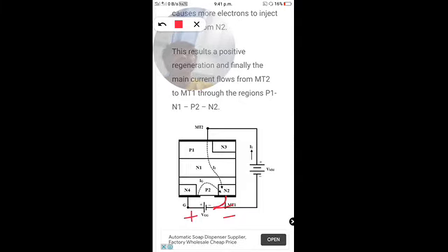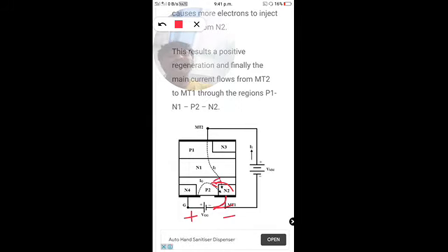So the N2 layer will become more negative. So there is a force on the electrons present in the N2 layer. So this negative supply, gate supply, will force the electrons present in the N2 layer so that the electrons present in the N2 layer will be injected into the P2 layer.